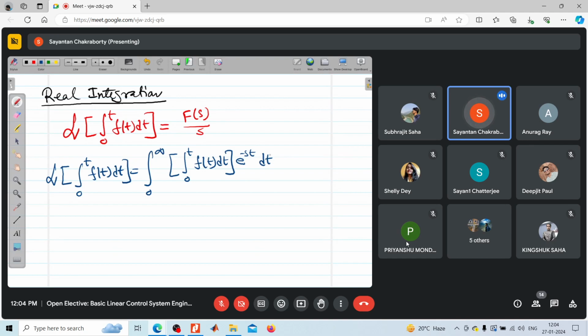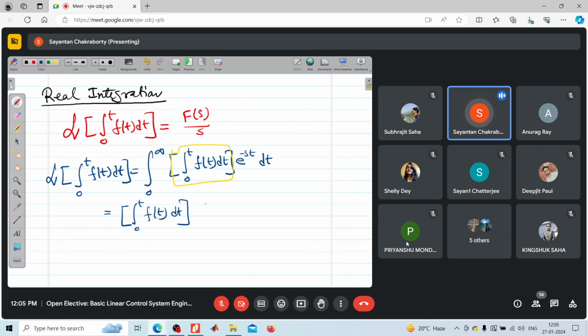So what I'll do, I'll take this integration, this portion as a function, and this portion as another function. So by the rule of integration by parts, I'll do like this: integration 0 to t f(t) dt, keeping that constant.